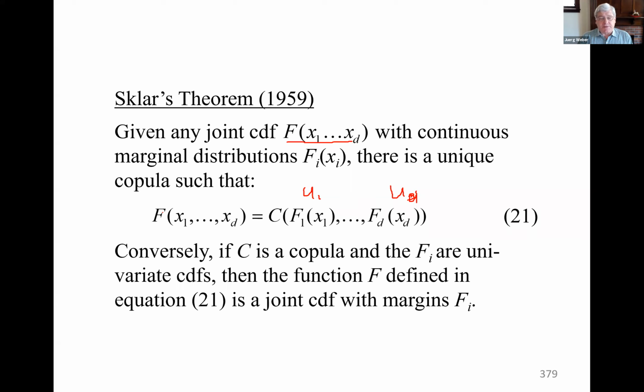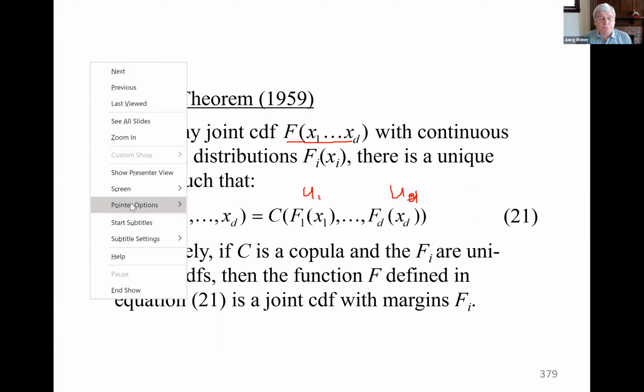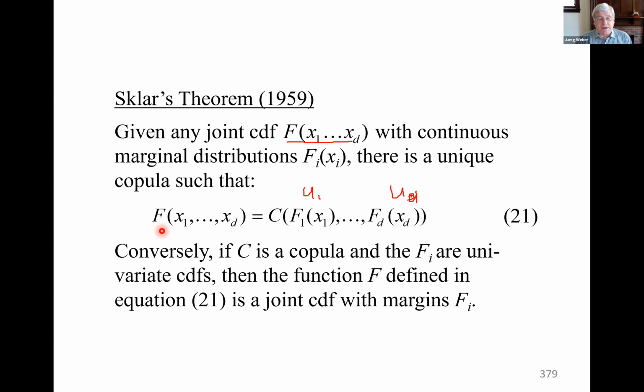So we can express any joint distribution as a copula CDF of the values of the marginal CDFs of that original distribution. And this copula function will be unique. That's what the Sklar theorem says.